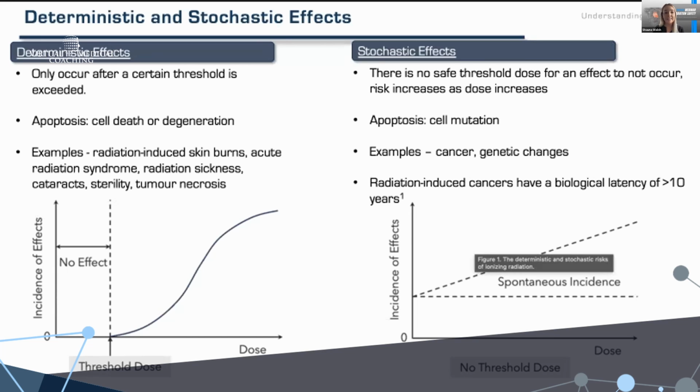And stochastic effects include cell mutation, which can lead to a radiation-induced cancer. And I know it was mentioned earlier about radiation being invisible, and that's one of the issues with it. A lot of these radiation-induced cancers have a biological latency of over 10 years. So because we can't see it and we can't see the danger happening today, it can lure us into a false sense of security.